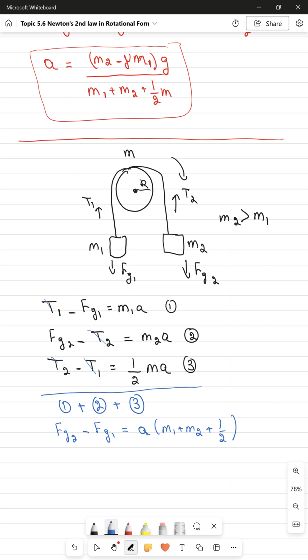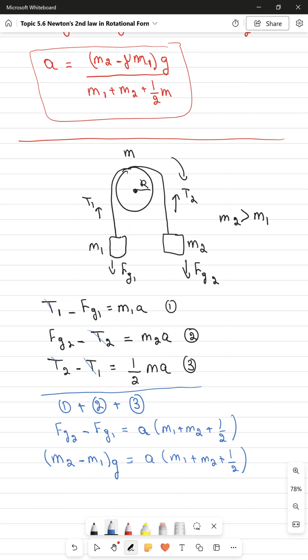So if you want M2 minus M1 into G, that's if I put Mg and Mg and take G as a common factor, equals A into M1 plus M2 plus half M.